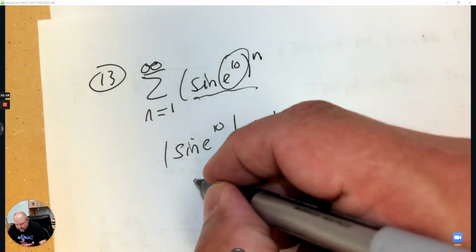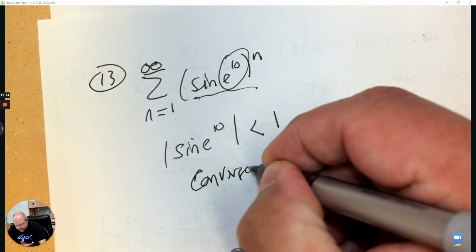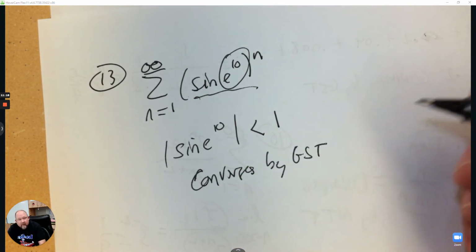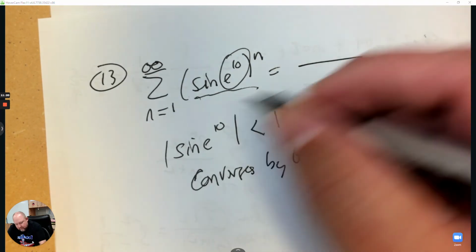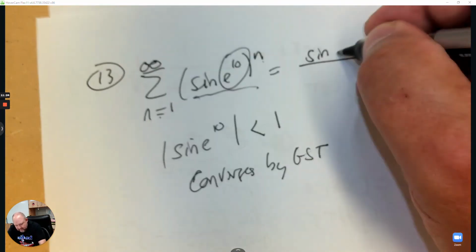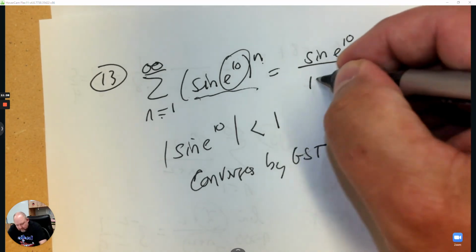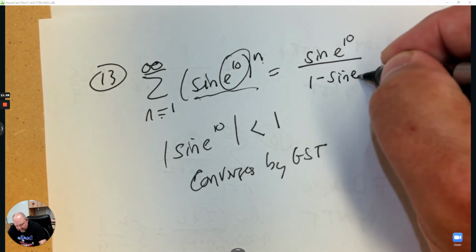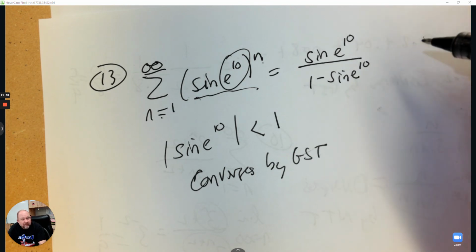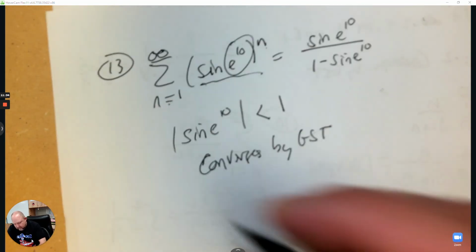So because of it, it converges. And then the answer is plug in 1 first, and you get sine e to the 10 over 1 minus sine e to the 10. Good enough for me. 14, last one we'll do for this video.